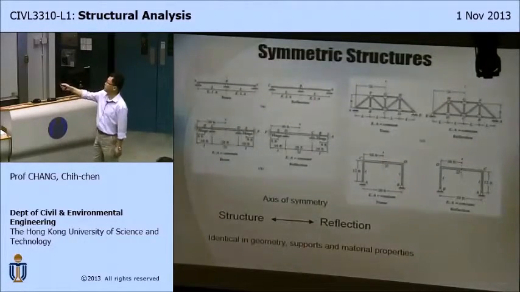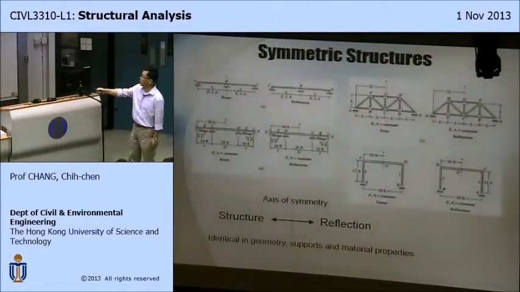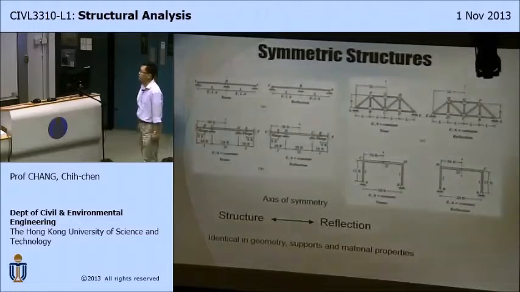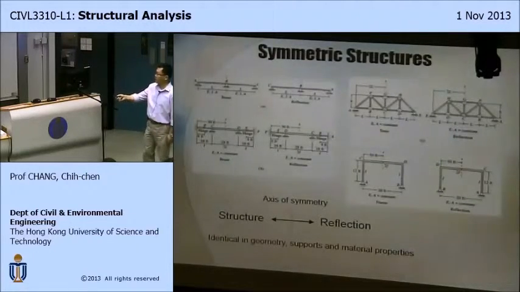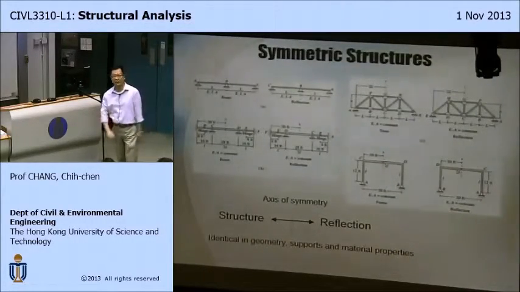So that's called a symmetrical structure. More examples like that. This is a symmetrical structure. The requirement is that the dimensions or geometry, support conditions, and material properties have to be exactly identical on both sides.